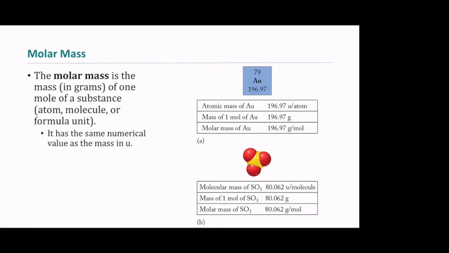You can take your molecular mass or your formula mass and make it a molar mass, or you can take an atomic mass and make it a molar mass. It's the same number, just change the units. Questions?